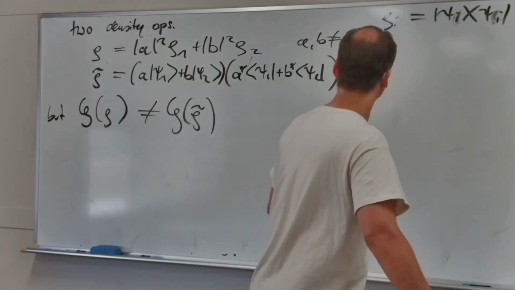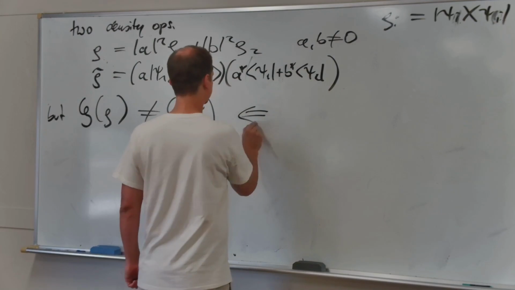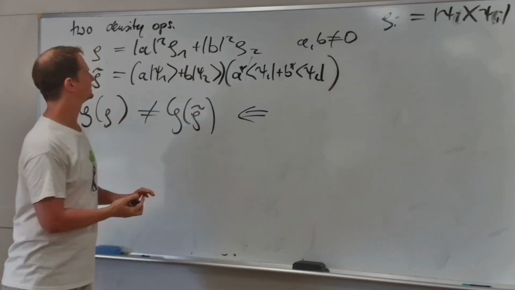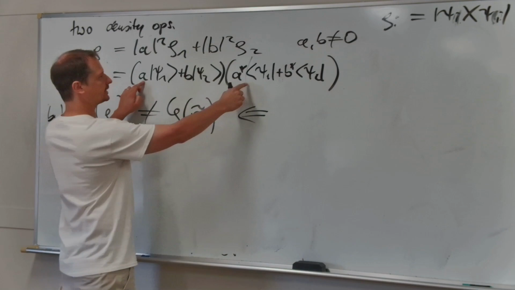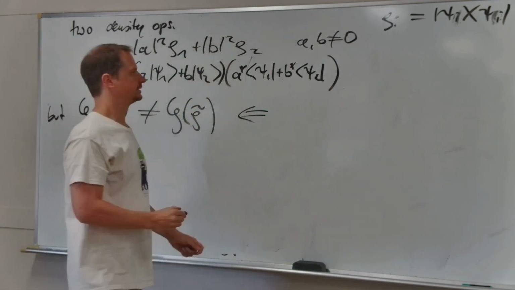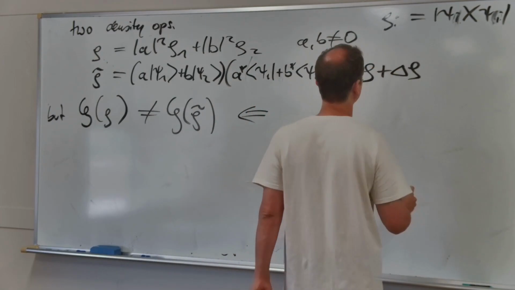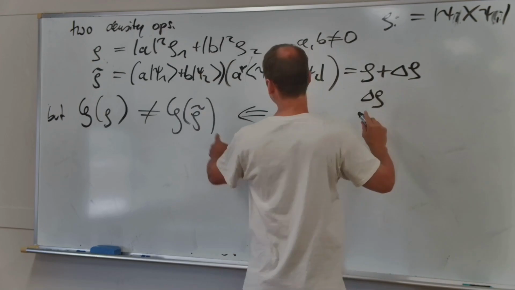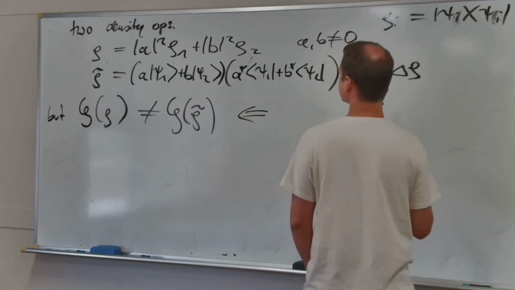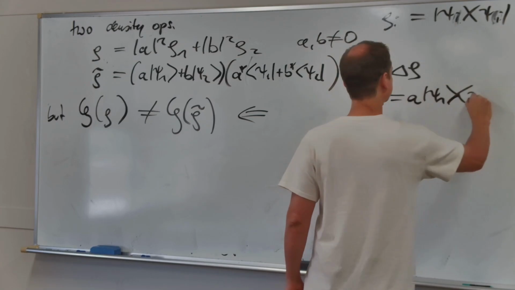Okay? So really, you see the diagonal pieces here are just equal to rho. Really, this is just rho plus delta rho. And delta rho is basically the off-diagonal bunch here, so it's A psi 1, psi 2, sorry.